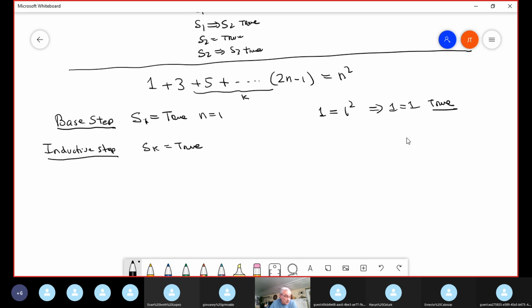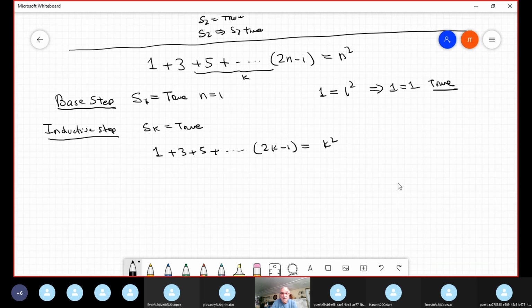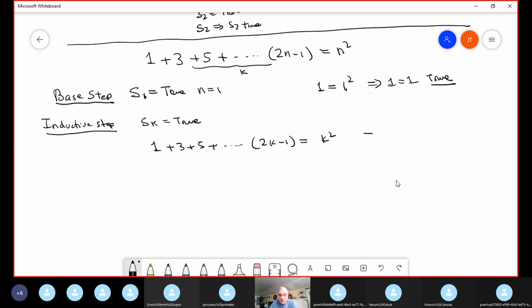How do you set that out? Well, you set it out like that. 1 plus 3 plus 5 plus up to, but now it's not n, it's k, equals k squared. I assume that this statement is true. So I want to investigate what happens with S sub k plus 1. It's the next in the sequence.